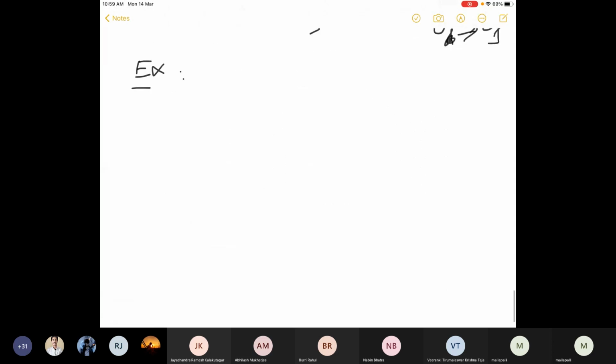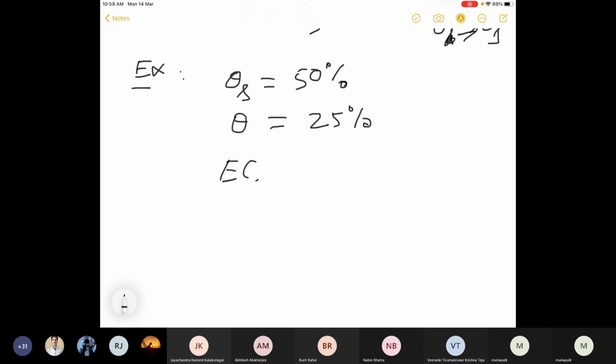Okay, so the example here. Suppose theta S is given as 50%, theta is given as 25%, and ECE is 1 decimeter per meter.